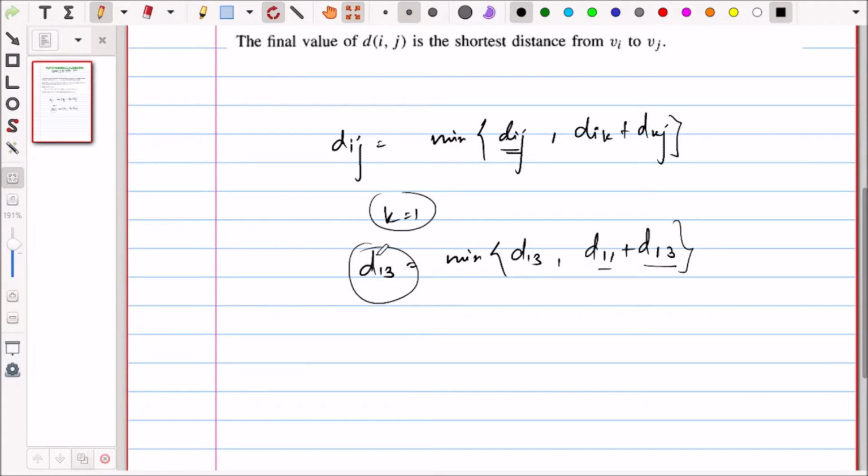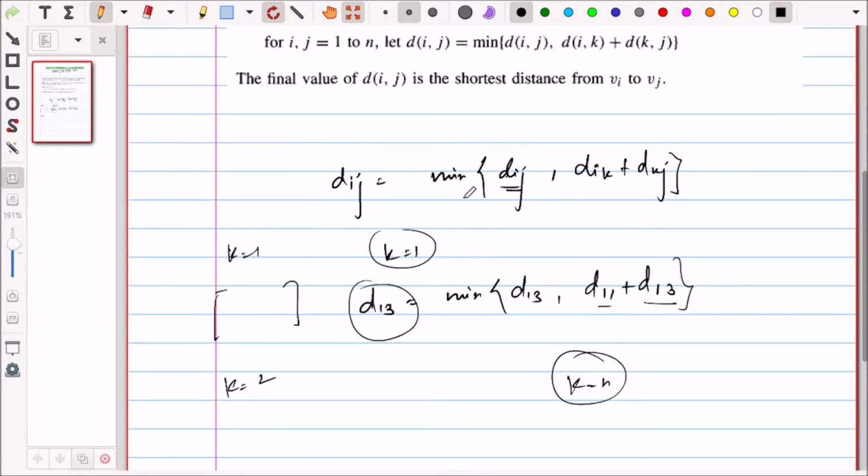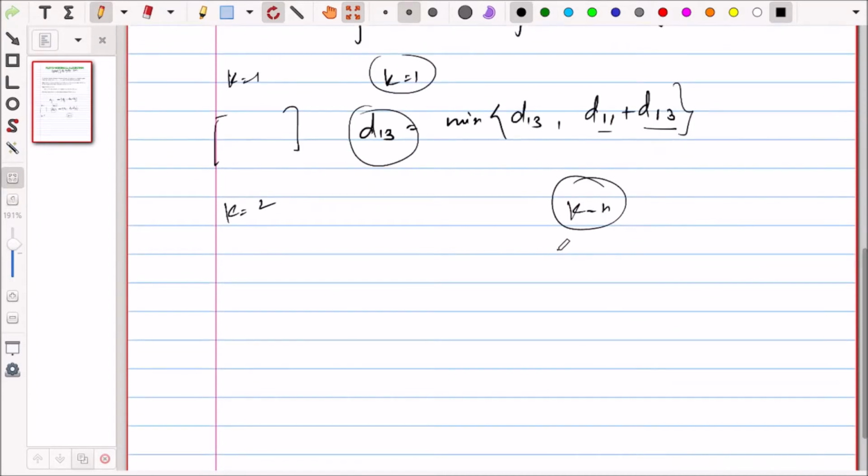So similarly, for k equal to 1 we find a matrix, then for k equal to 2 we find a matrix, and for k equal to n we find a matrix. At the end, the matrix that we obtain gives all the values of distance between vi and vj. At the nth step we receive a matrix d11, d12, d1n, and similarly dn1, dn2, and so on.